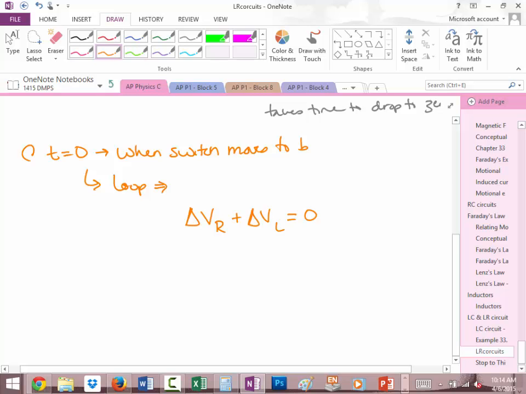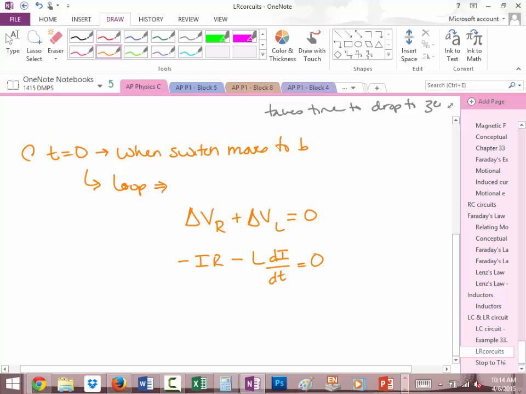Well, we know that the potential across the resistor is going to be negative IR. Remember we talked about that negative sign being in existence because we're looking over the resistor, not over the battery. So if you do a full loop with just a battery and a resistor, it's positive V and negative IR. And you've got a negative L dI/dt equals 0.